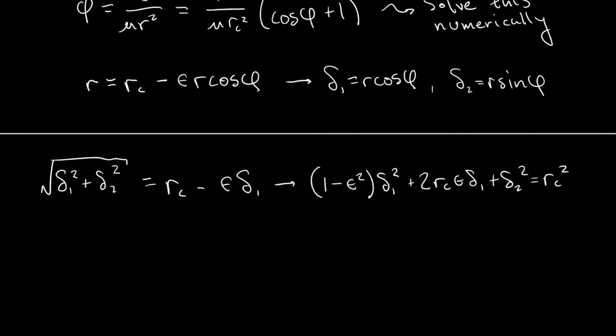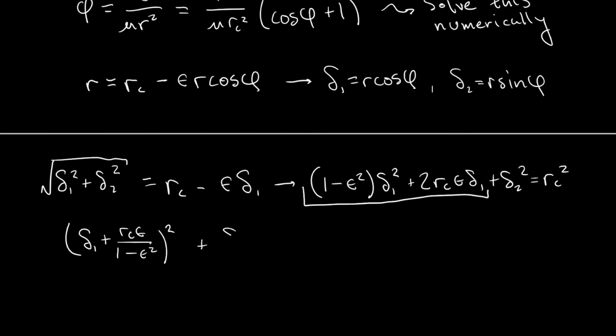Okay, so now I'm going to look at these two terms. I'm going to complete the square for them. And when I do that, I get delta 1 plus rc epsilon over 1 minus epsilon squared, squared, plus delta 2 squared times 1 minus epsilon squared.